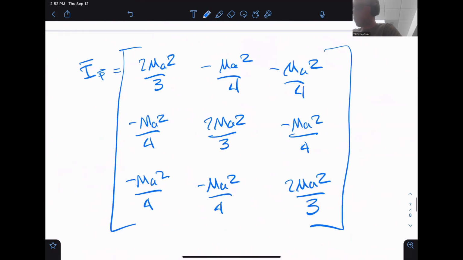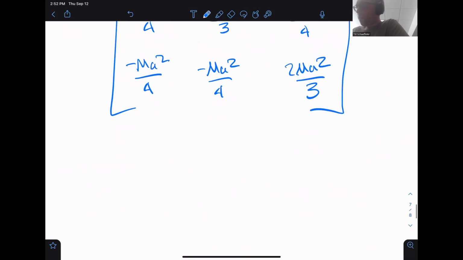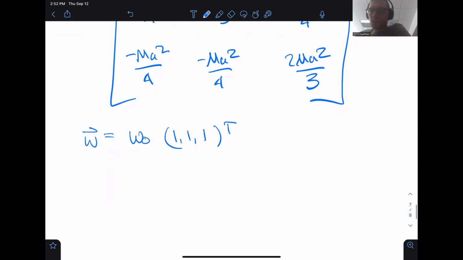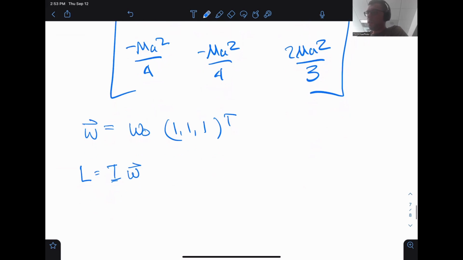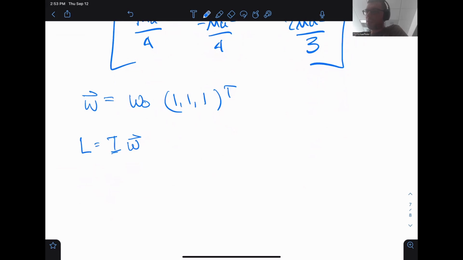Just rewrite it down here. And we know that the angular momentum is just equal to the moment of inertia tensor times the, well, it's matrix multiplication, but you can write it this way. So we have to multiply the moment of inertia tensor times this vector to find what the angular momentum is.